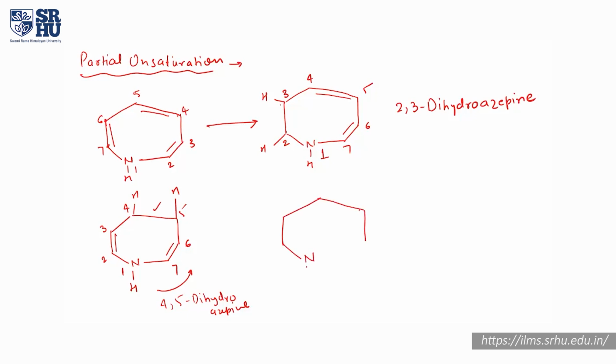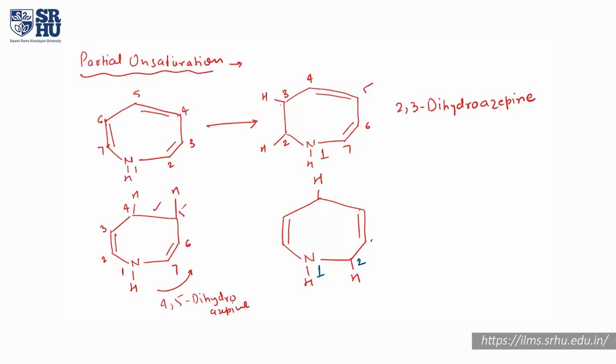Okay, so now you see that the double bond is somewhere shifted, and the new hydrogens are on this position and this position. Now how will you do the nomenclature in this case? Obviously you have to move from the nitrogen, and you have to move on this side where the first extra hydrogen is.